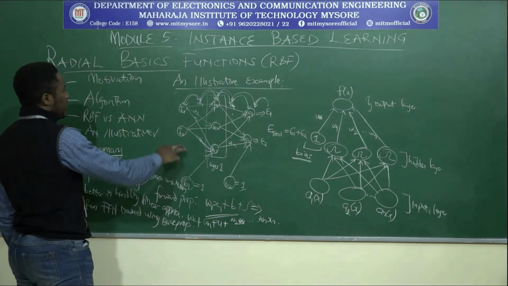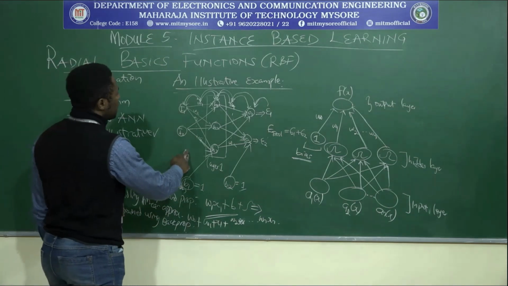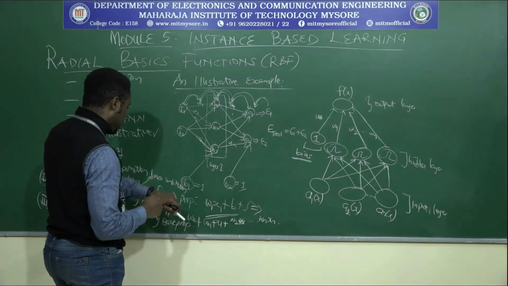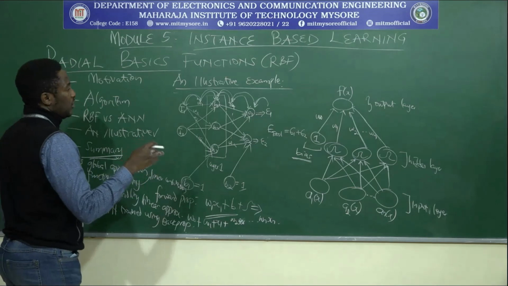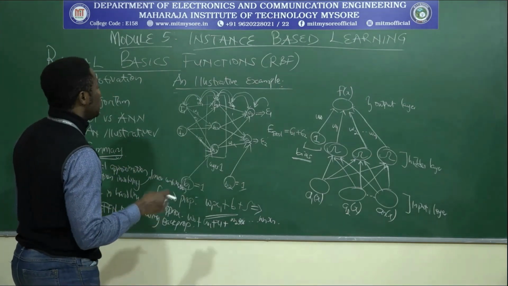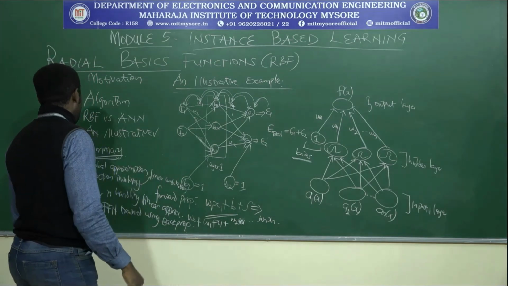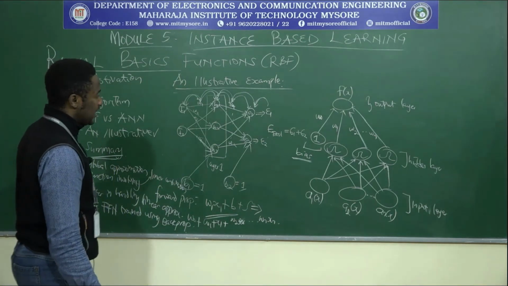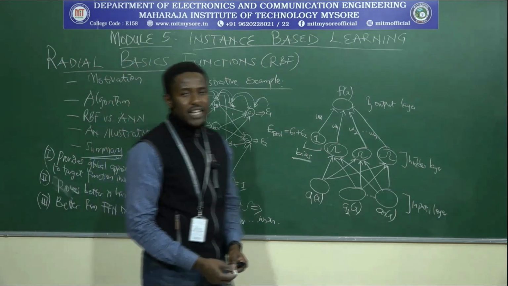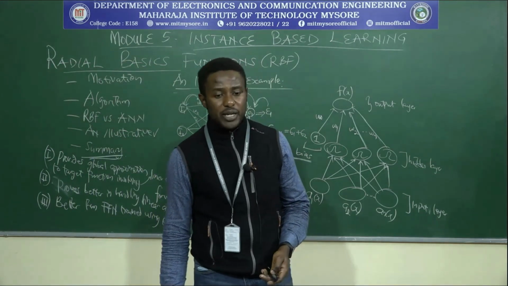We took an illustrative example to understand how it is similar to or different from your neural network. And then we summarized by looking at the key advantages. So in the next class, we will continue with case-based reasoning.